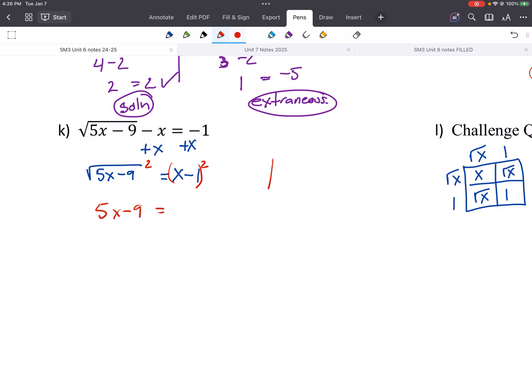And we'll want to distribute. Again, I'd encourage you to use a box. And then combine like terms. So x squared minus 2x plus 1. We'll just move this all to one side.